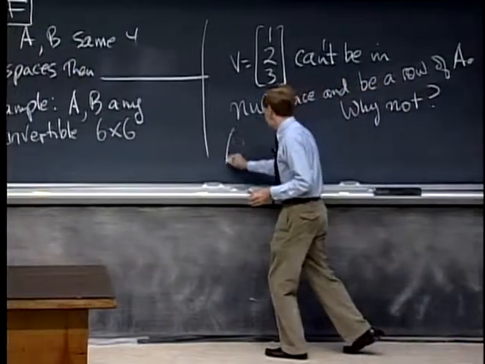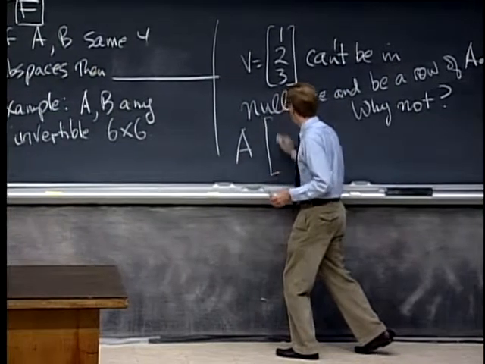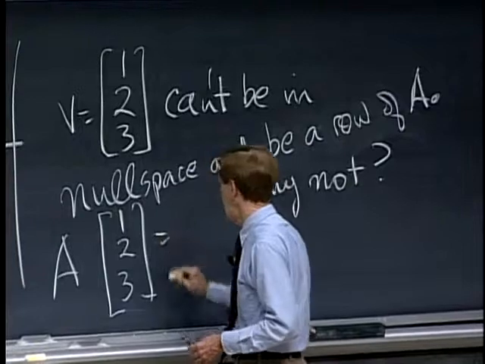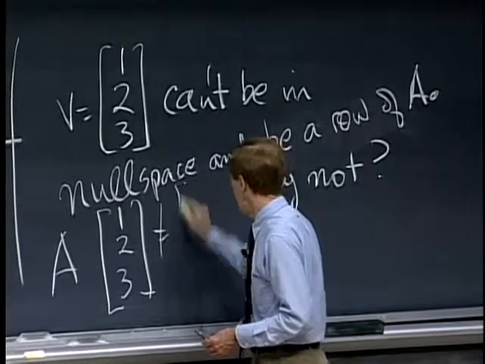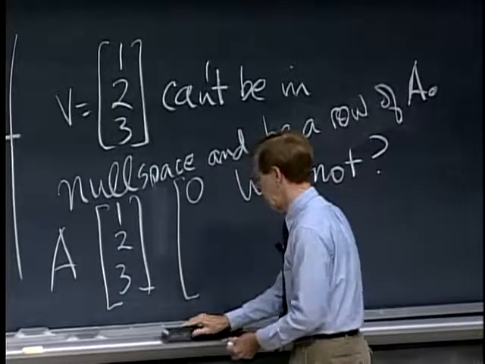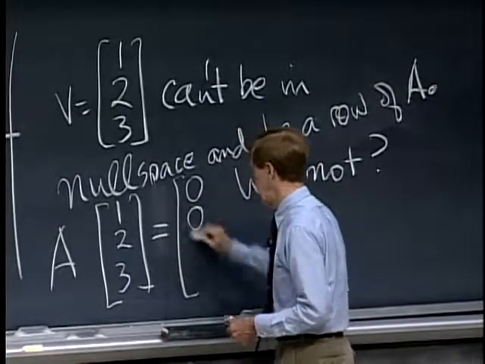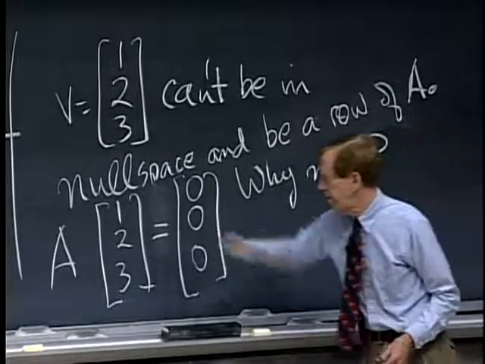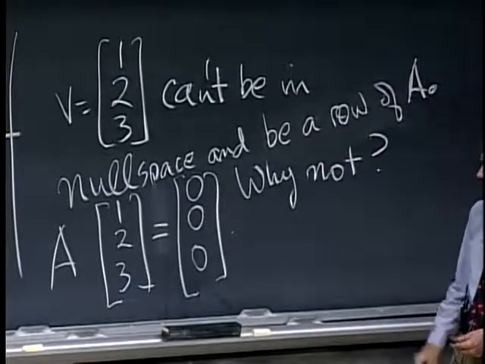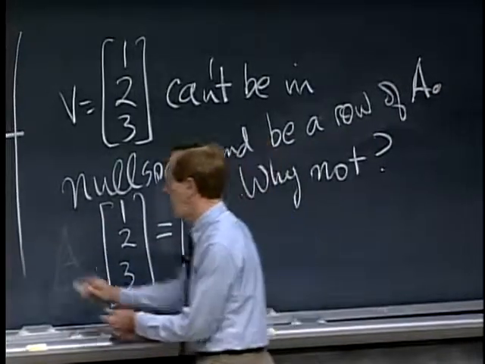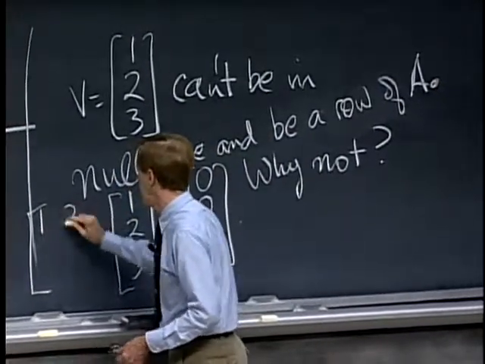I mean that A times this V. Why can't this A times V be 0? If it's 0, then that vector is in the null space. Why can't the first row of the matrix be 1, 2, 3?